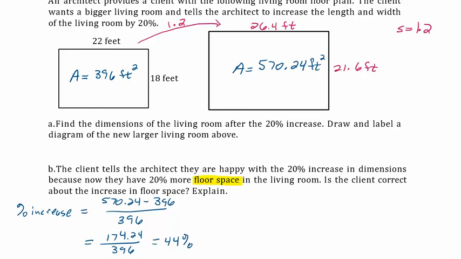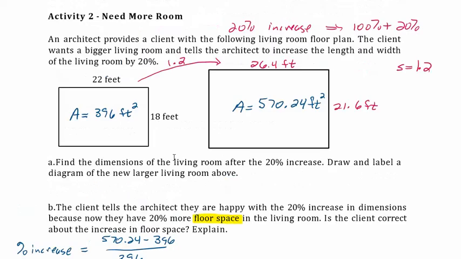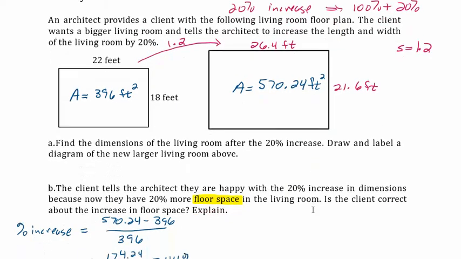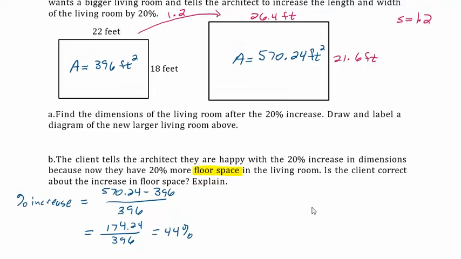Well, let's think about, again, our conjecture. Our conjecture says the area of the scale copy is found by multiplying the area of the original by s squared. Let's try it that way. What if I took the area of the original times s squared, I'm supposed to get the area of the copy.